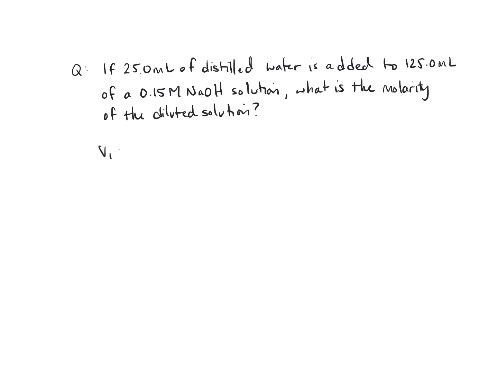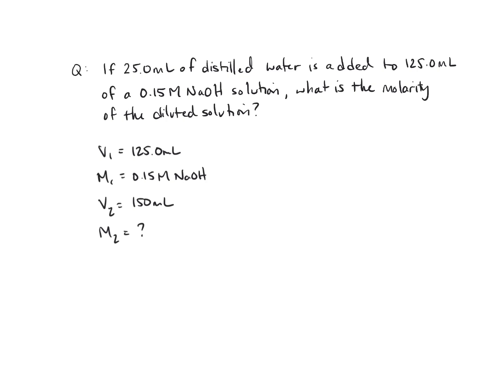Our volume 1 is actually 125.0 milliliters. Our molarity 1 is 0.15 molar NaOH. Since 25 milliliters of water is added to 125, our volume 2 is 150 milliliters. And what we're looking for is M2, which we don't know.